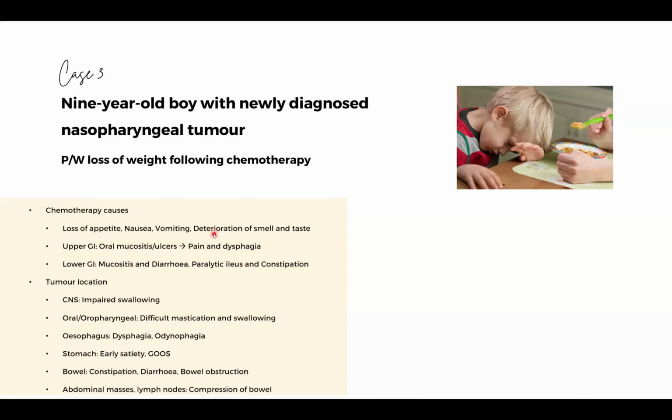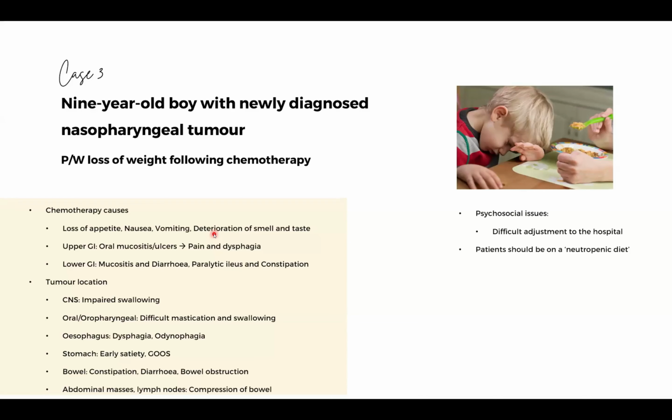In esophageal cancers, which we have seen are very common in adults, there is dysphagia and odynophagia. If the stomach is involved, early satiety and gastric outlet obstruction syndrome. If it is bowel, constipation, diarrhea, bowel obstruction, and if there are abdominal masses or lymph nodes, constipation or compression of the bowel. Then there are psychosocial issues, difficult adjustment to the hospital.